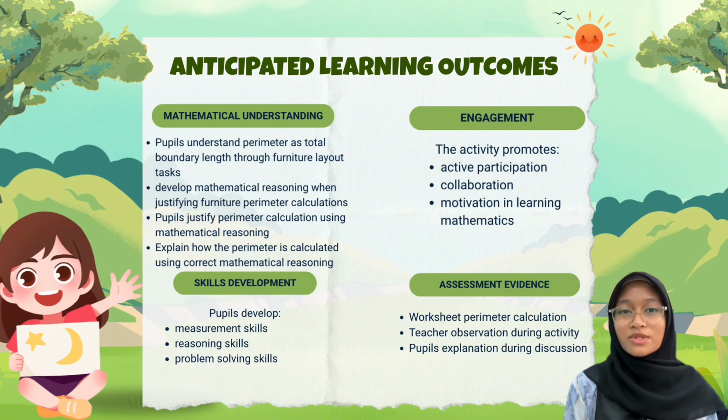Finally, in terms of assessment evidence, pupils' understanding can be observed through worksheet calculations, teacher observation, and pupil explanation during discussion. Overall, these outcomes show that the lesson supports understanding, skill development, engagement, and assessment.